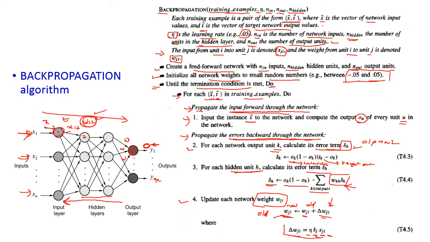So by using this formula we need to adjust the weights of the entire network, and this process is repeated until we get t_k equal to o_k, that is, the target output is equal to the computed output.